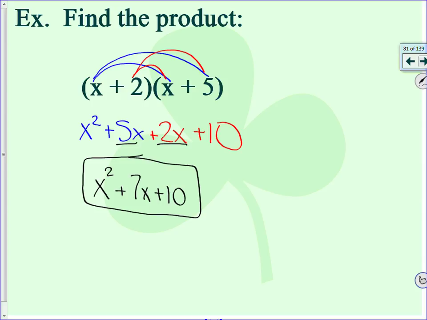So a binomial times a binomial: 2 terms times 2 other terms yields 4 terms. What if I had a binomial times a binomial times a binomial? How many terms do you think I get then? Actually 2 to the 3rd power. You get 8 terms, so it's cubes. It's multiplying.